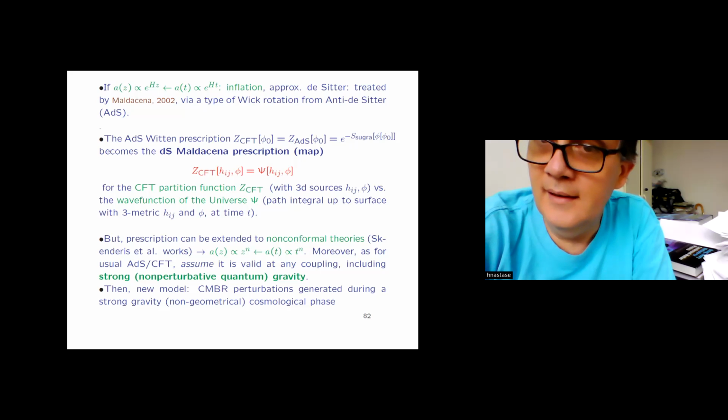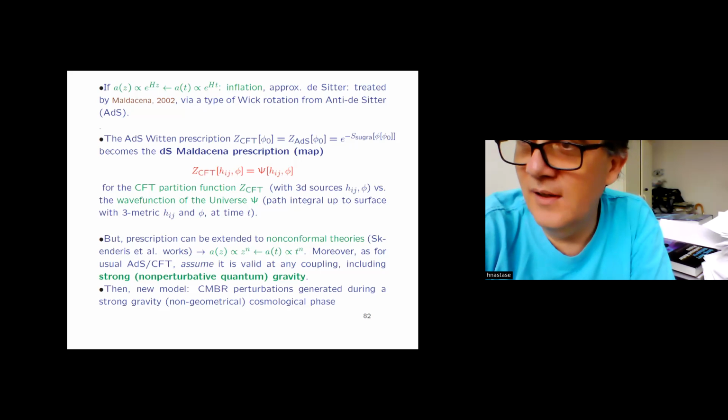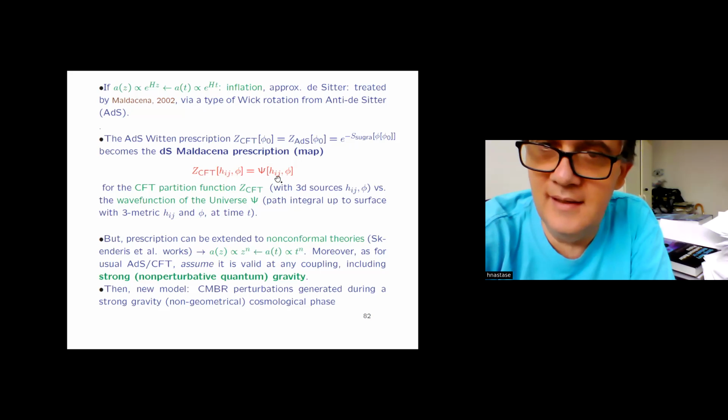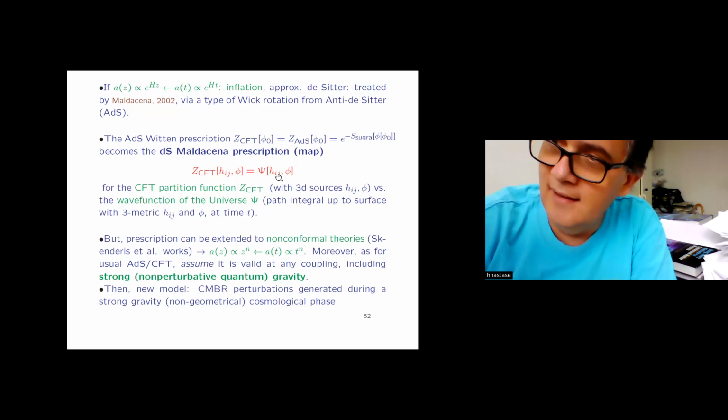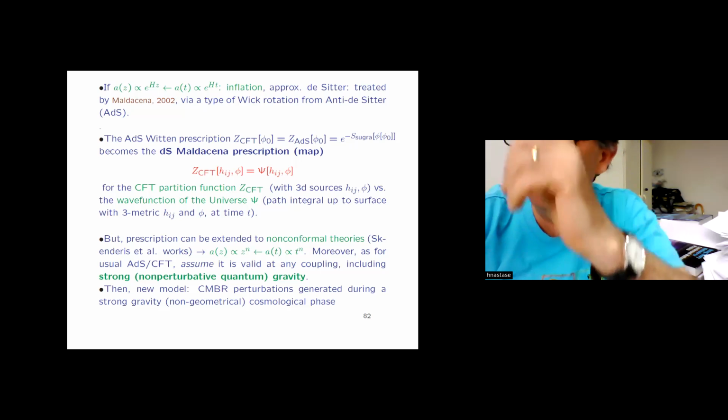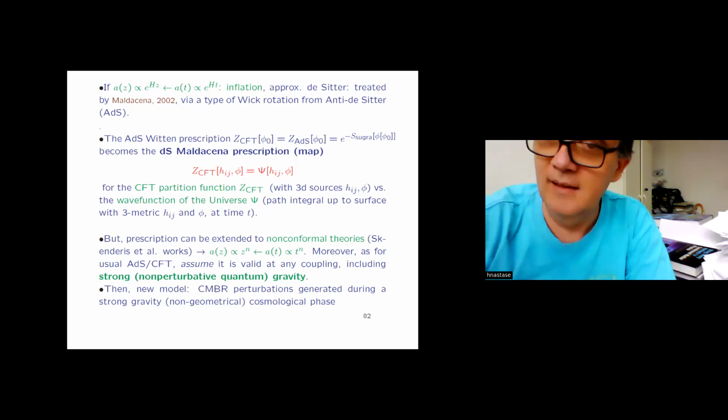And then on the other side, phi 0 is just a boundary source, right? So what happens here then? H_ij is the thing that defines the wave function of the universe, which is a boundary source for the metric, but the spatial metric only, because you're looking at a fixed time.